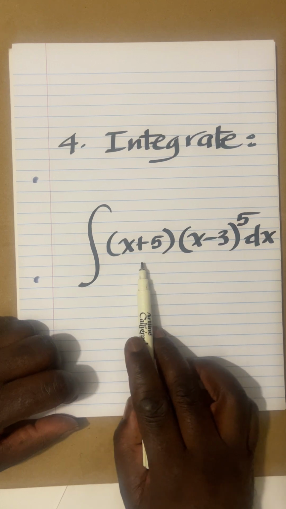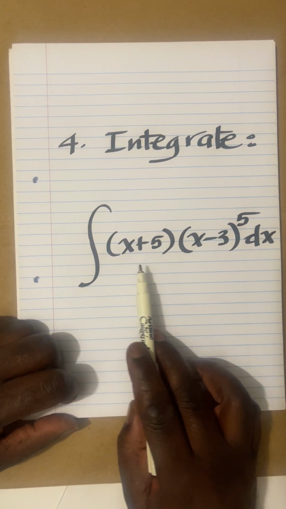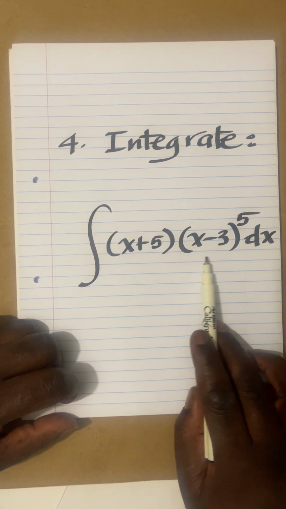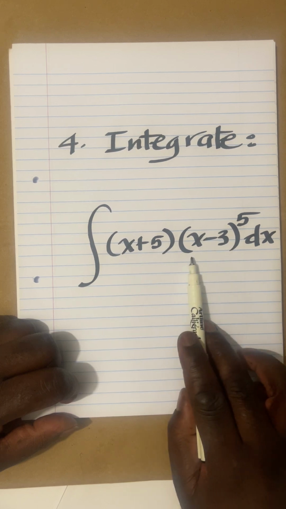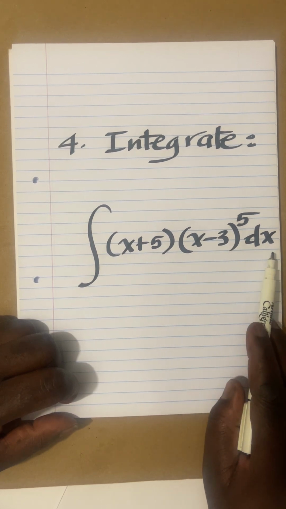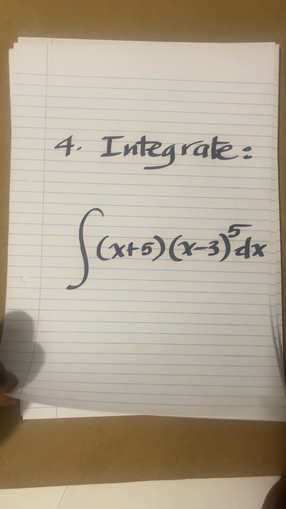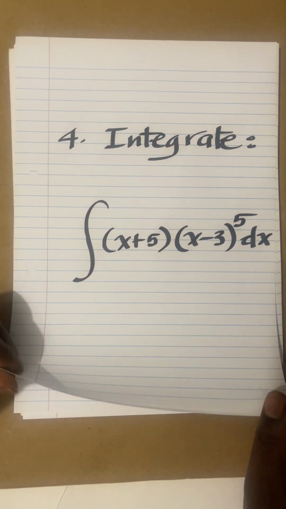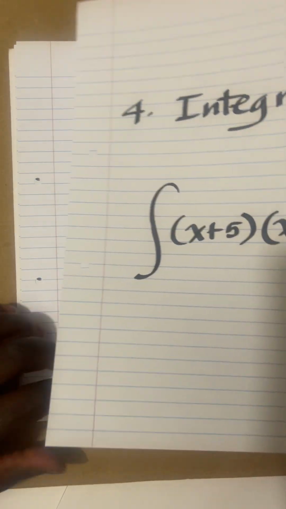I'm going to let u be equal to this because it's easier to differentiate that, and I'm going to let dv be equal to x minus 3 to the power 5 dx. Remember the formula for integration by parts requires us to identify u and dv. So let's look at the solution for number 4.